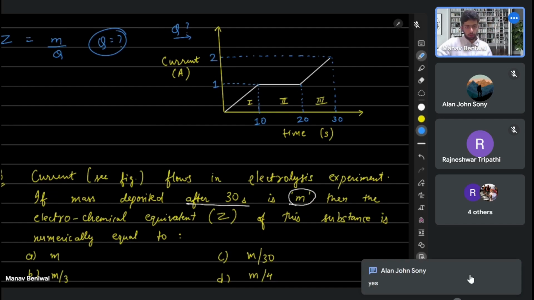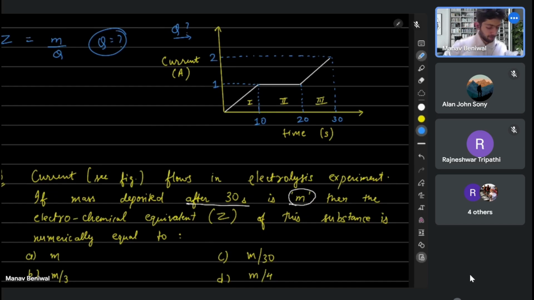Now, how to calculate? For example, let's consider region 2. I'll start with region 2. For region 2, there's a constant current flowing, right? You can note that between 10 seconds and 20 seconds, the current is constant and it always has a magnitude of 1 ampere.